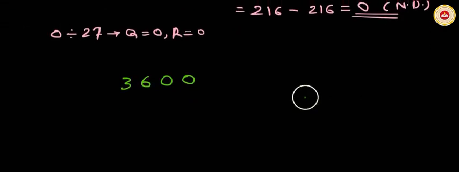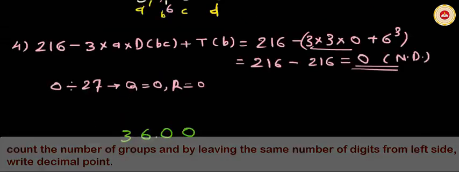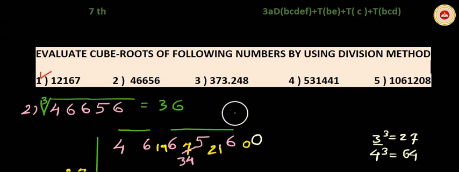So let us count the digits, 2 digits from left to right and give decimal point. So answer is 36. Cube root of 46,656 is 36. Okay, and this is our answer.